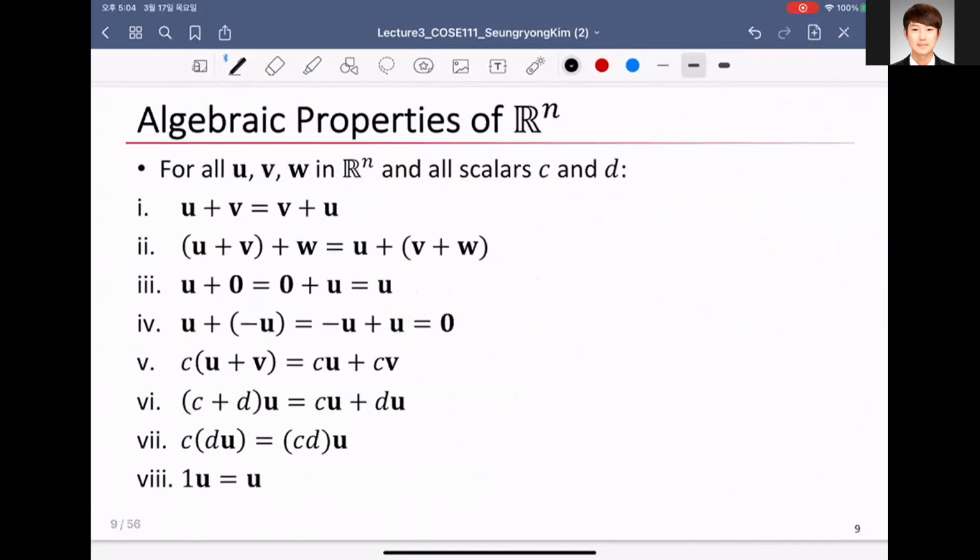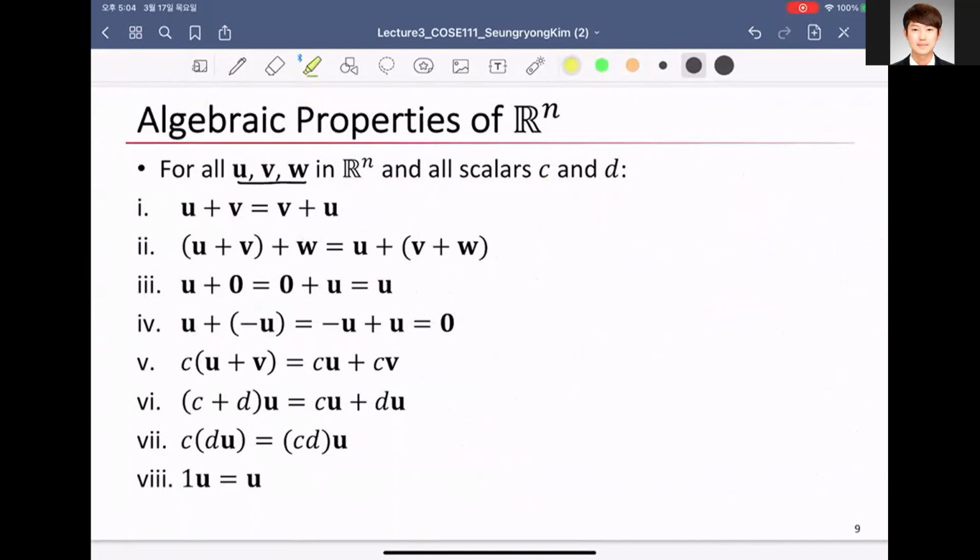So the algebraic properties of Rn are really similar to the scalar case. I mean, when you substitute these vectors with scalar values, for example 1, 2, 3, 4, in R1 space, exactly. The following algebraic properties still hold.